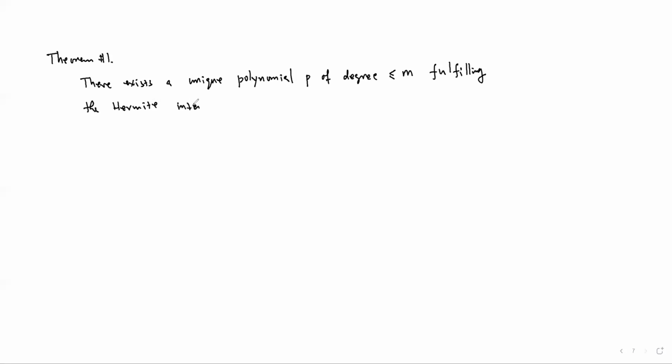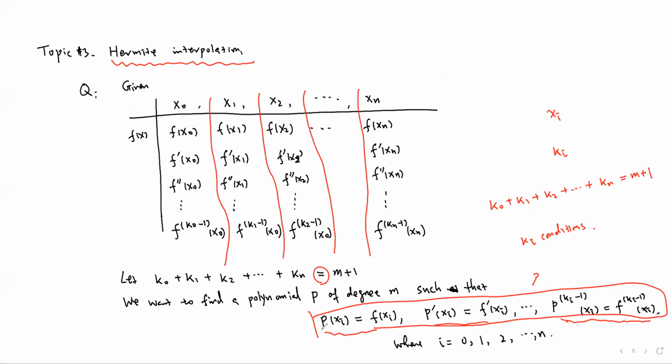This theorem says that there exists a unique polynomial P of degree at most M fulfilling the Hermite interpolation conditions. I mean, these M plus 1 conditions.